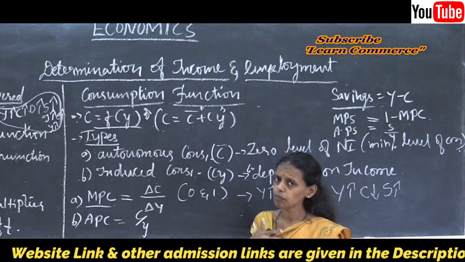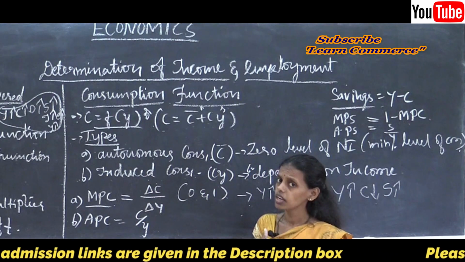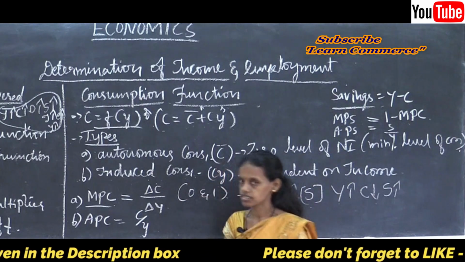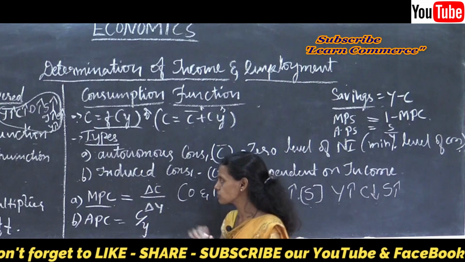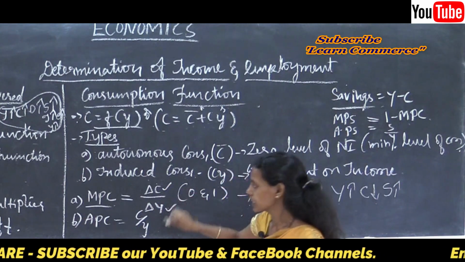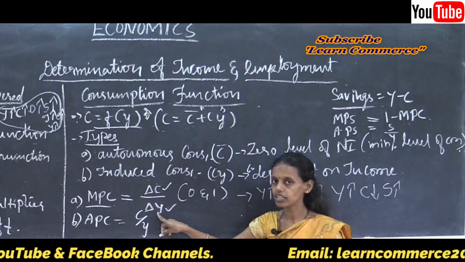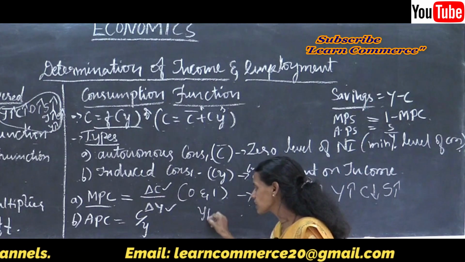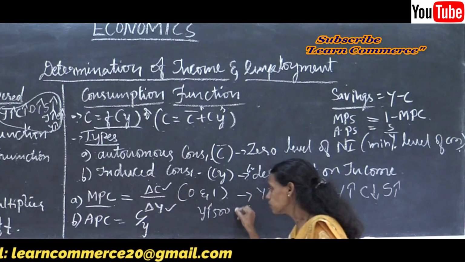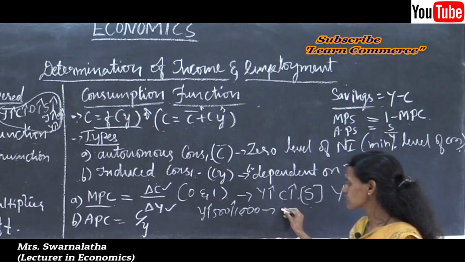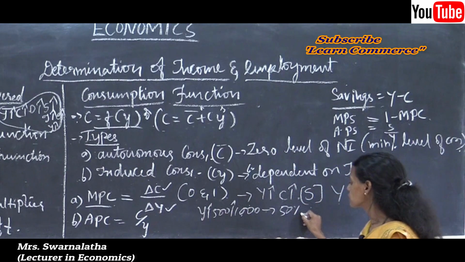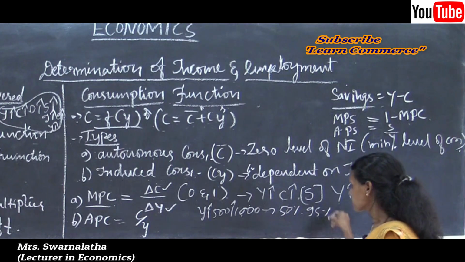When the additional income comes to an individual, the change in the consumption happens due to the change in the income, delta C by delta Y. An increase in the income from 500 rupees to 1000 rupees leads to an increase in the consumption from 50% to 95%.